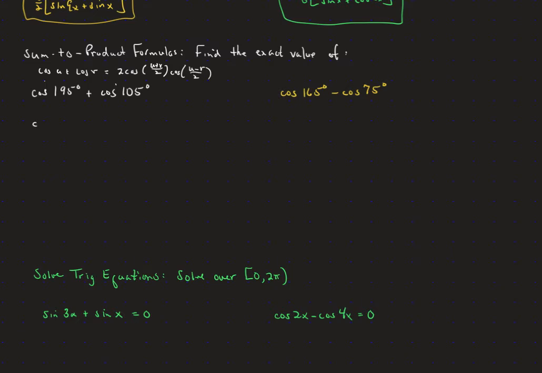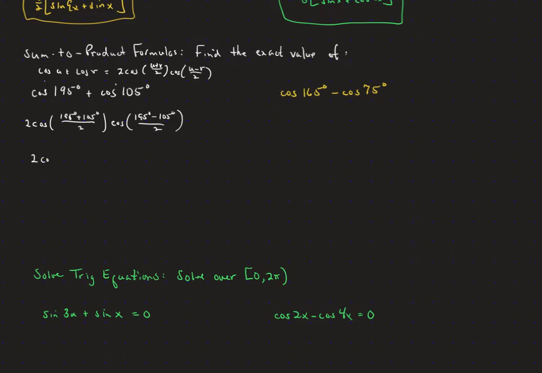So for us, that's going to be 2 cosine of 195 plus 105 divided by 2 times the cosine of 195 minus 105 divided by 2.